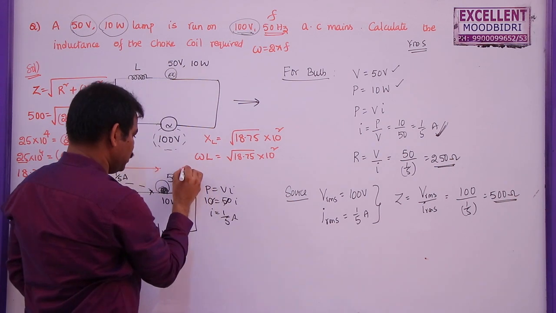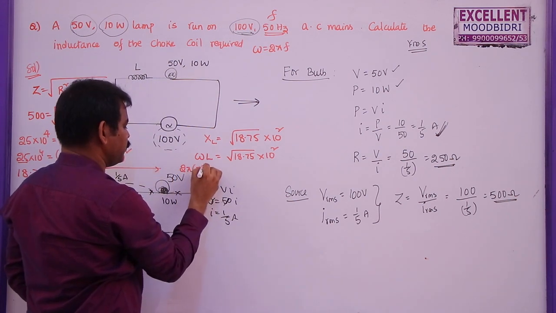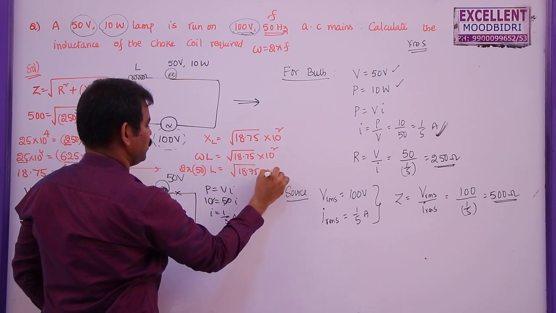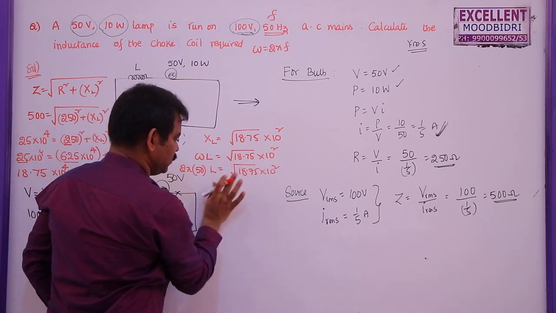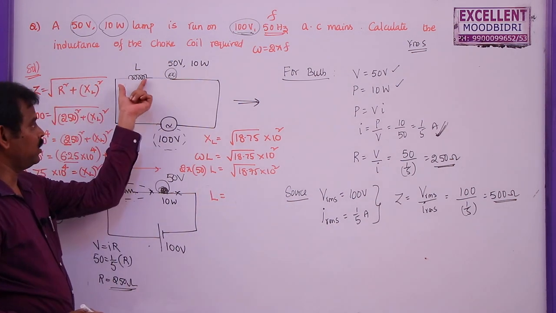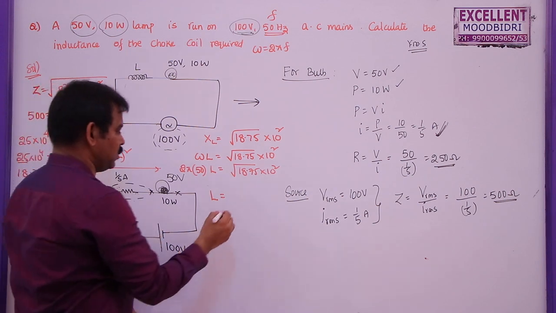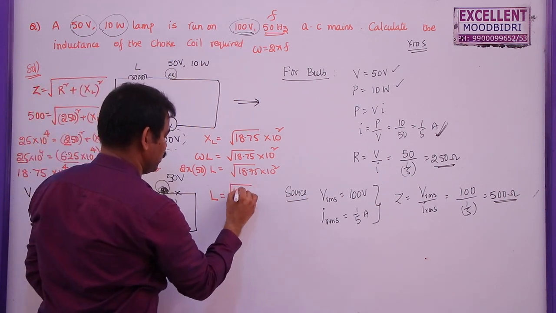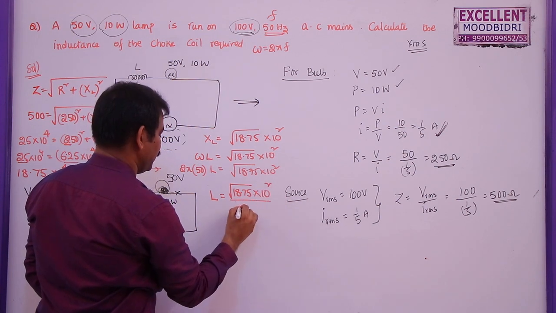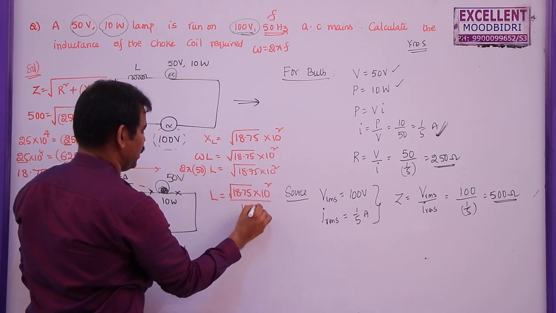So you can write 2 pi into 50 into L is equal to root 18.75 into 10 square. So from this we can write the L value, the self-inductance of this choke coil required for this bulb to work at its given value, is equal to root over 18.75 into 10 square by, this is 2 pi, this is 100 pi.